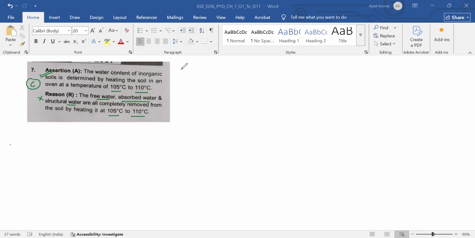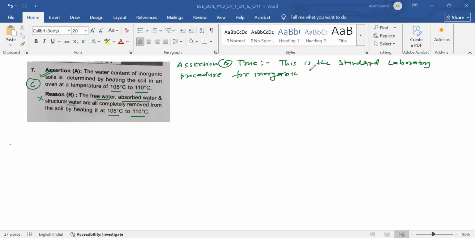So what is the assertion? Assertion A is true, because this is the standard laboratory procedure for inorganic soil.